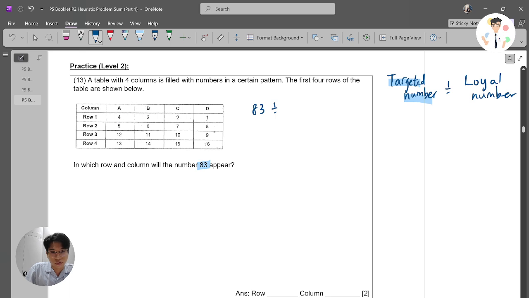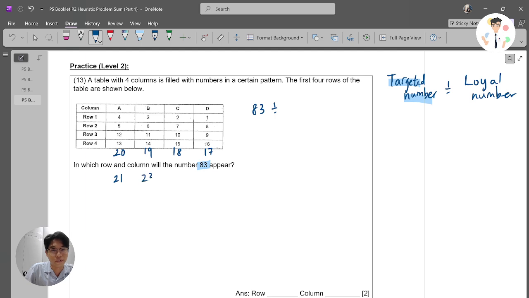1, 2, 3, 4, 5, 6, 7, 8, 9, 10, 11, 12, 13, 14, 15, 16, 17, 18, 19, 20. Let's try to list down all the numbers at the bottom. Not all, but most of it, so that when we actually compare, it's easier. 21, oh sorry, I'm missing 22.